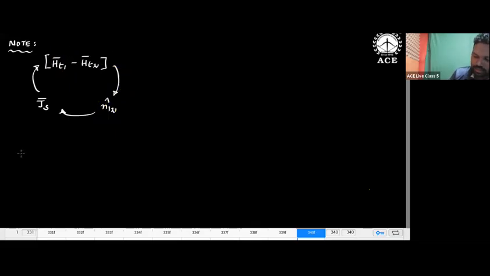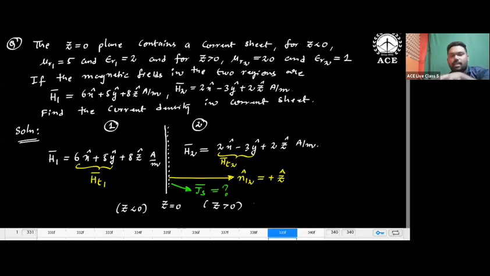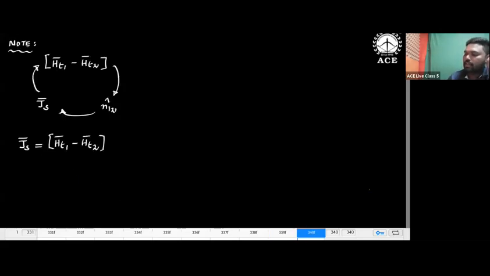That means JS is equal to HT1 minus HT2. This type of question was not asked so far in the EC paper or any competitive exam. Let us discuss all the models. Question can be anything. That is the story.